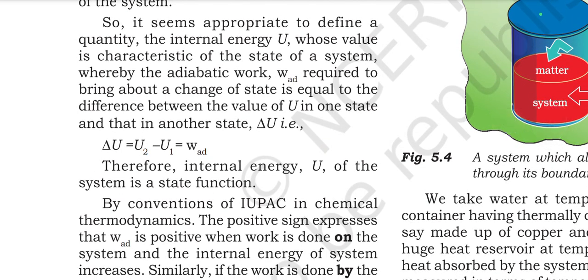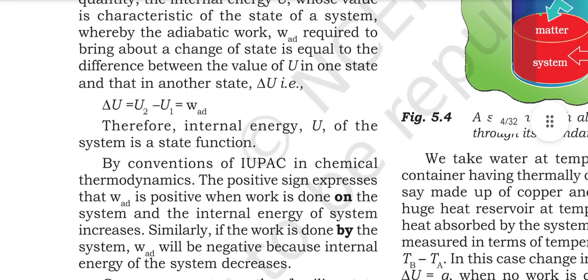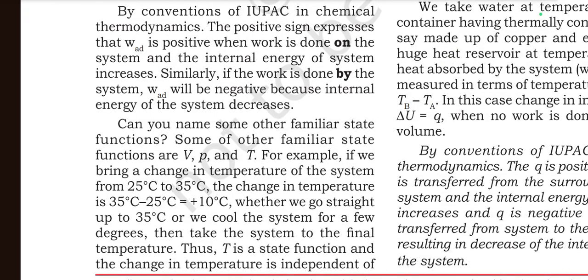So, it seems appropriate to define a quantity, the internal energy U, whose value is characteristic of the state of the system, whereby the adiabatic work required to bring about a change of state is equal to the difference between the value of U in one state and in another state. By the convention of IUPAC in chemical thermodynamics, the positive sign expresses that W_ad is positive when work is done on the system and the internal energy of the system increases.